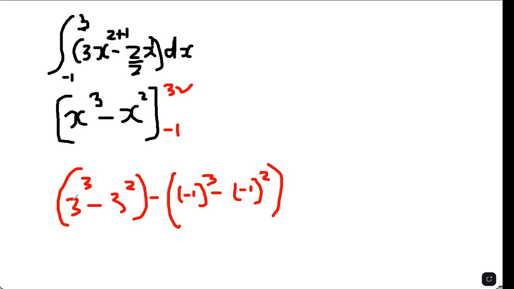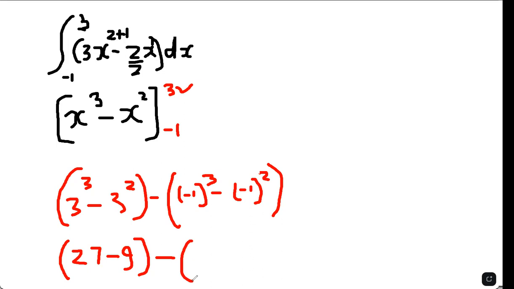So we'll have 3 times 3 times 3, which gives us 27, minus 3 times 3, which gives us a 9. This is the substitution of the upper limit minus the substitution of the lower limit.